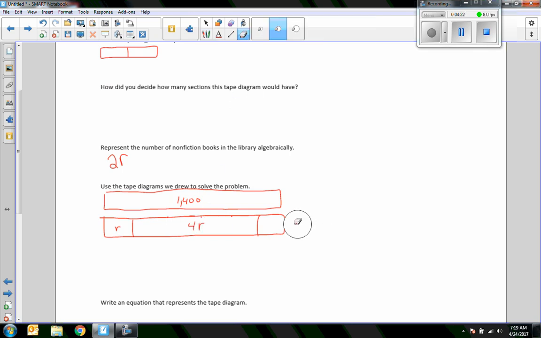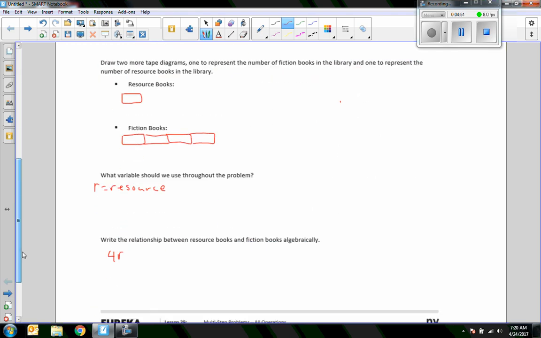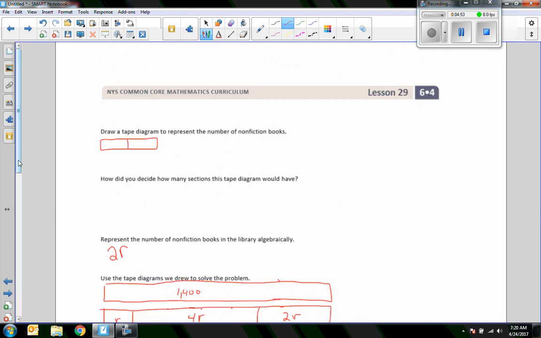And then finally, let's make this a little bit longer, half as long as this piece here, and call that 2R. So this is nonfiction, and now I should have this equal to my total length, so let me change that a little bit, because the total has to be the same. So 1,400 is represented by resource, and the 4R is fiction, and the 2R is nonfiction.